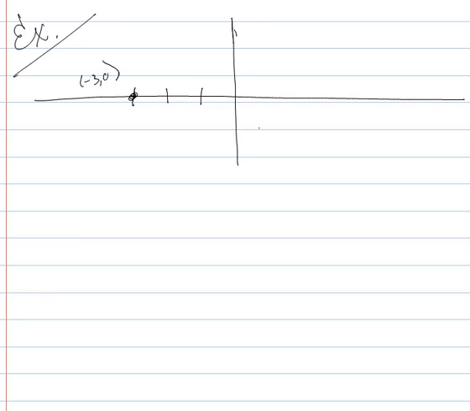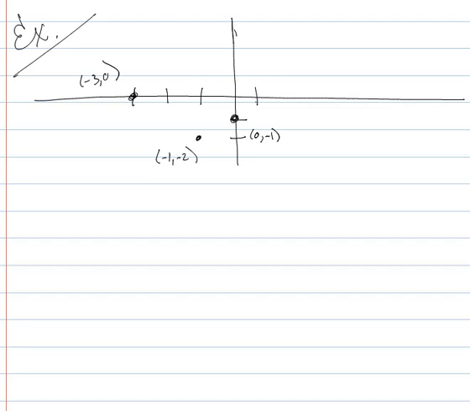Say you've got something like this. This is a much bigger example. I've got a point over here at -3, 0. I've got a point down here at -1, -2. I've got a point here at 0, -1.